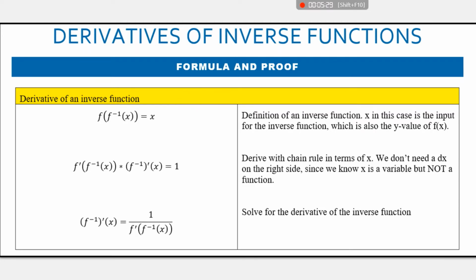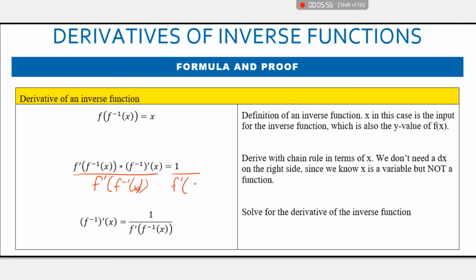Okay, so if I derive this, I'll get f prime at my inverse times the derivative of the inverse should equal 1. Now this derivative of the inverse is what we want to solve for. So I'm going to divide both sides by everything that is not what we want, not the inverse. So that's the derivative at the inverse.